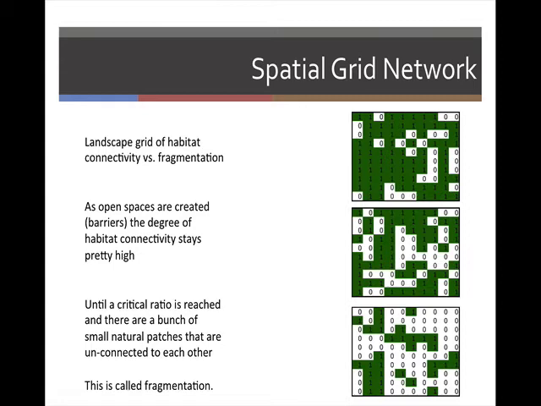But if you reach a critical ratio of, in this case, human development, a critical ratio of blocking parts of the habitat, you end up with fragmentation, which is when you leave little spots just out on their own, or the habitat patches that are there are just not big enough to support a population.